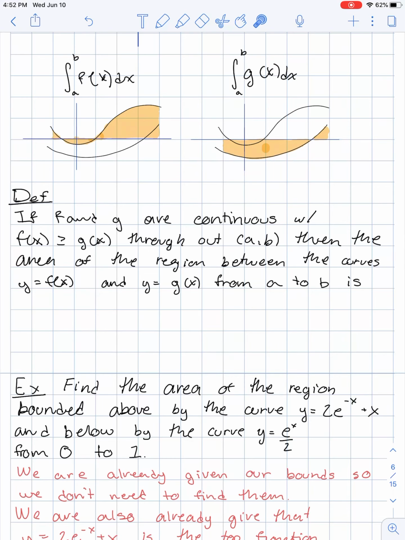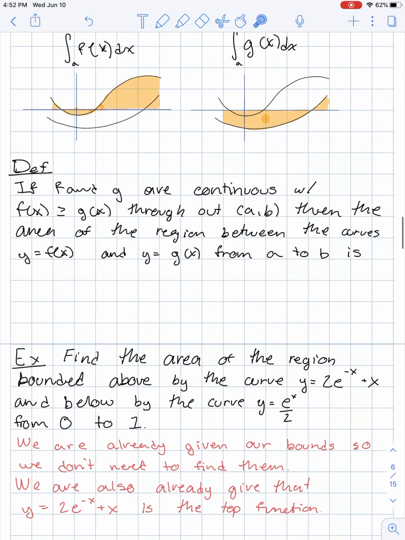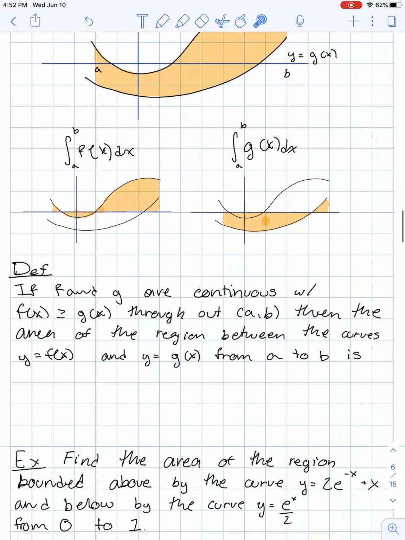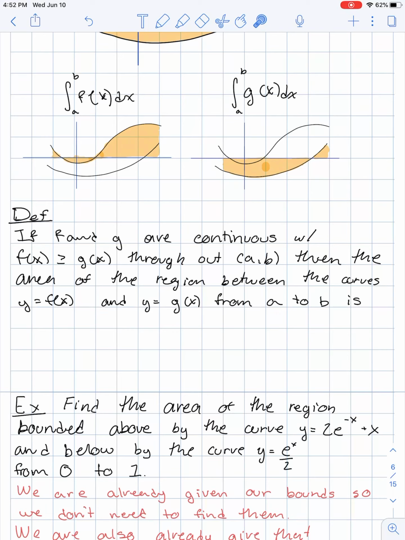If we scroll up, we have our definition that says if f and g are continuous with f of x always being greater than or equal to g of x throughout [a, b], which we have in this picture up here, that line f always lies above g, then the area of the region between the curves f of x and g of x from a to b is A equals the integral from a to b of f of x minus g of x dx.